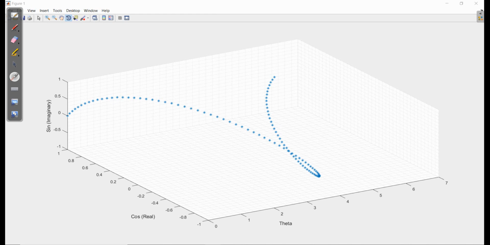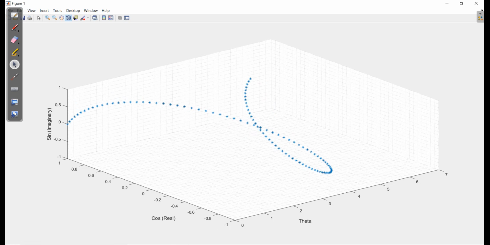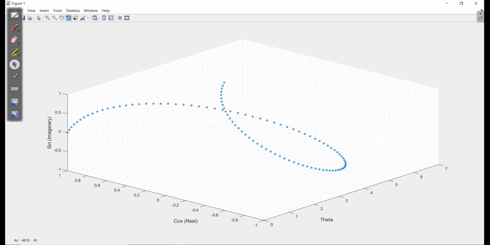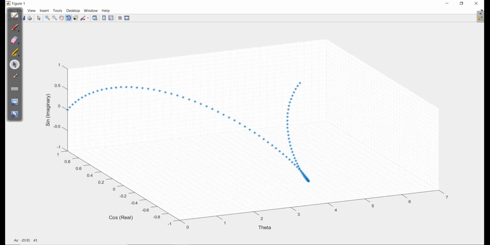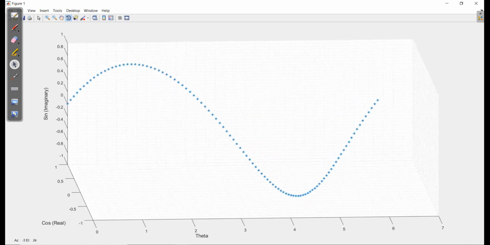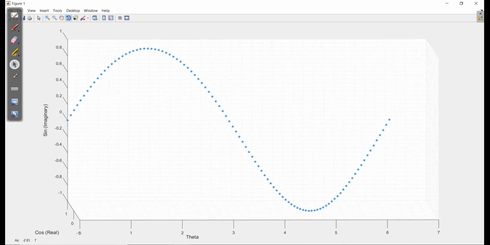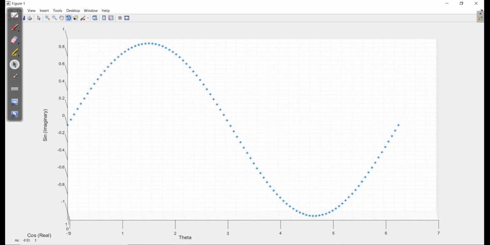So I'll try to rotate this graph in such a way that you should be able to visualize the sine part. So I'm just rotating this, and I can see that this signal can now be visualized as a sinusoid.